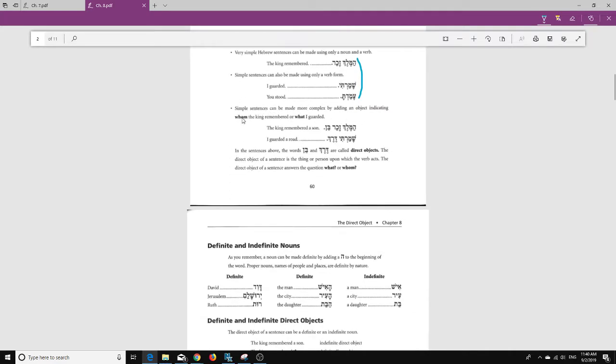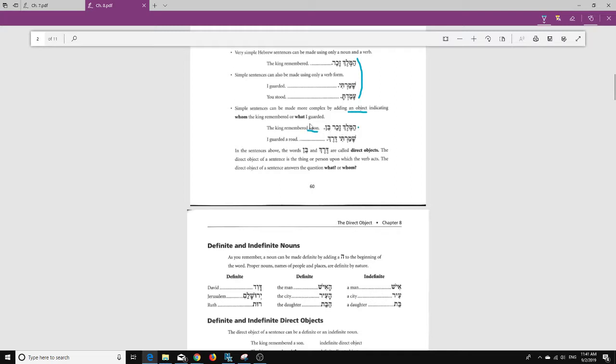Now, we can make those sentences more complex by adding what's called an object. Okay, so what did the king remember? What did I guard? Maybe where did you stand? So if we say Hamelech zakar bain, it's the king remembered a son.